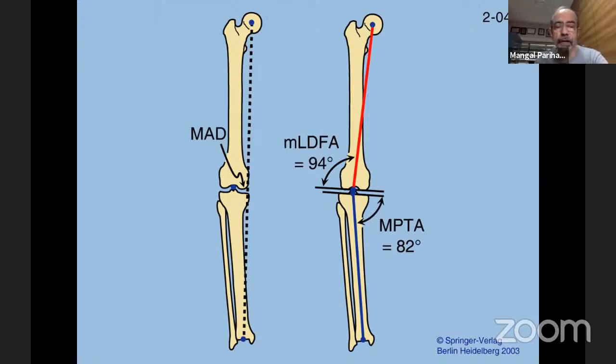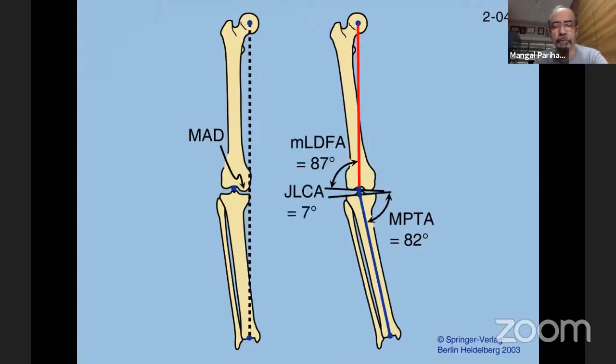Now this one, if you try to overcorrect in the tibia for the femoral deformity, one, you will get an extremely abnormal MPTA. Second, you will get a joint line which is oblique. And as I said, as part of the concept of deformity correction, you not only have to restore the angles, you also have to restore the joint orientation.